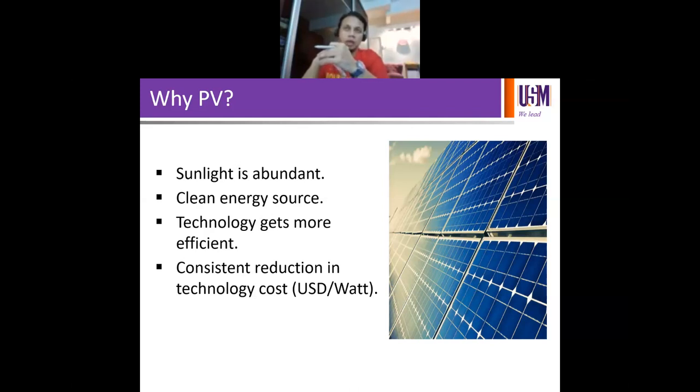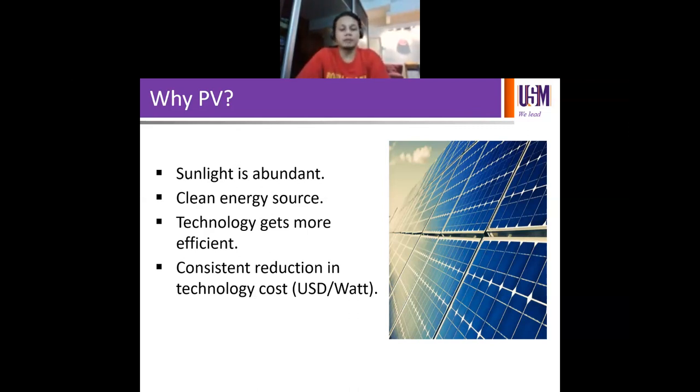The first demonstration back in 1954 was with 6% efficiency, and later on we're going to see that if you talk about silicon, it has gone up to about 26 to 27% for a single junction solar cell. Even though it takes quite a long time from the 1950s to now, 2020, to only reach about 26 to 27%, there's a reason for that.